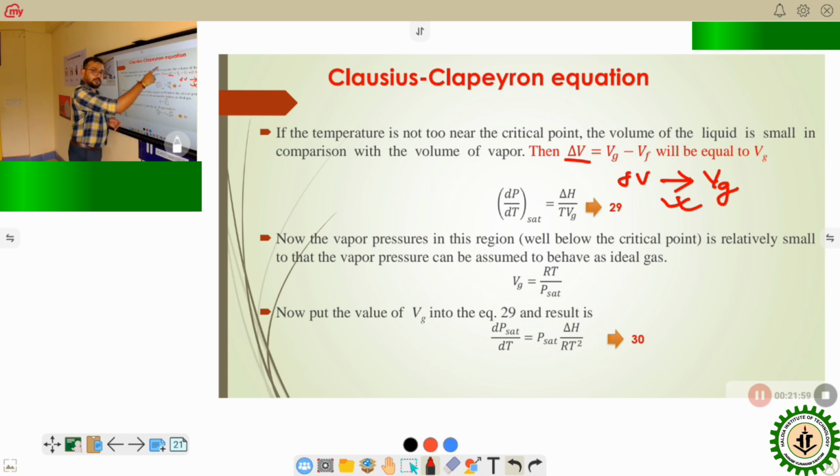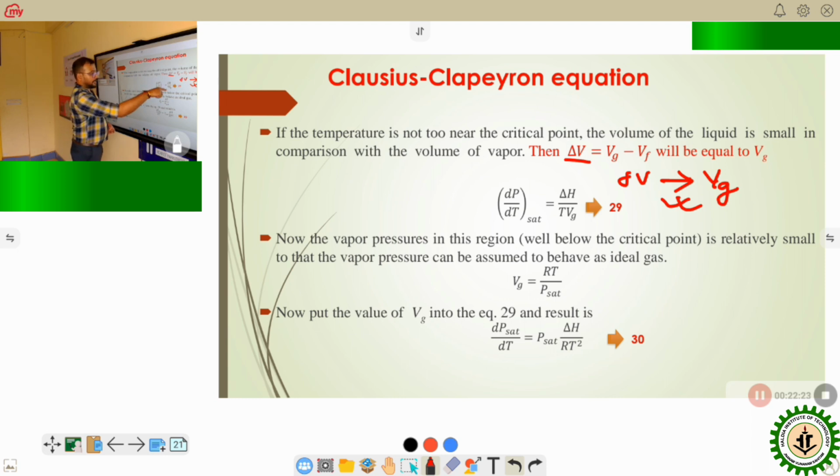This delta V can be replaced as Vg in equation number 29. This kind of implementation can be used in real case studies, which basically come from the fundamental thermodynamic relations.